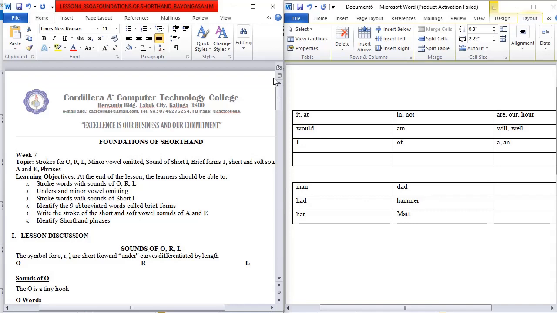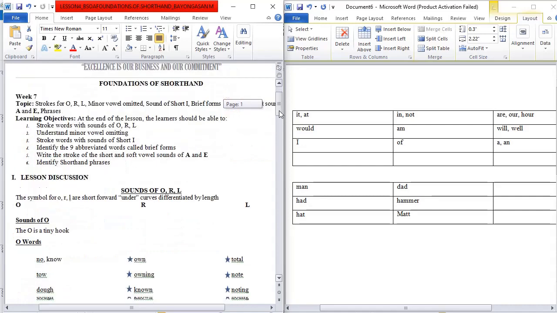So, ano yung brief form? I-explain din natin yan dito. Short and soft sound of A and E. And then, of course, lastly, we have the phrases. So, may mga special phrases tayo kung saan meron din silang sariling special strokes. Okay, so ayan, let's move on.